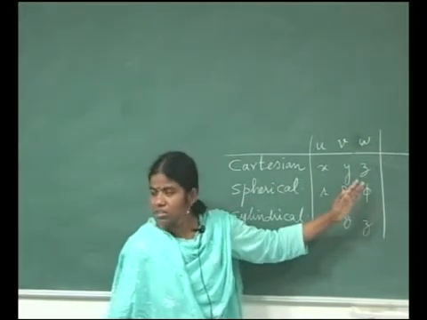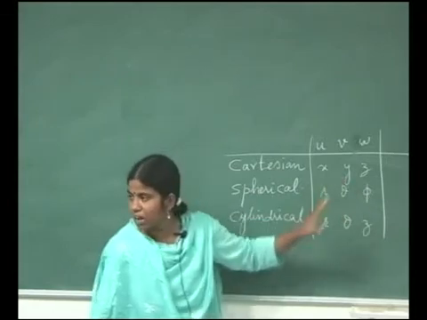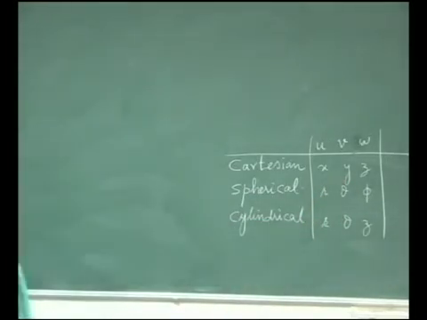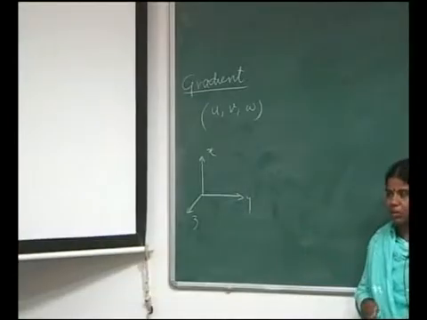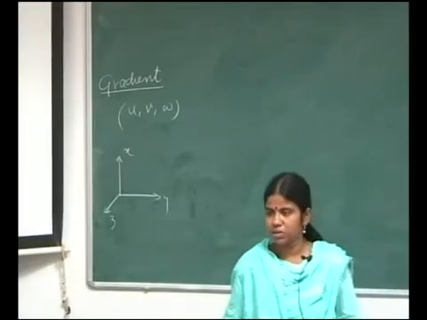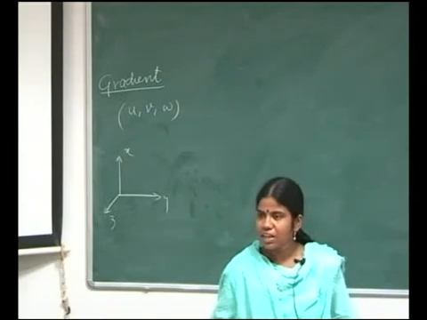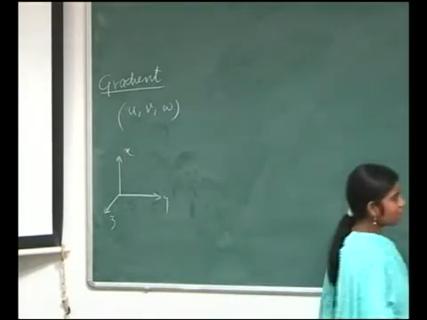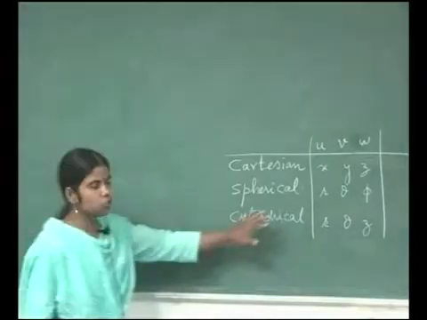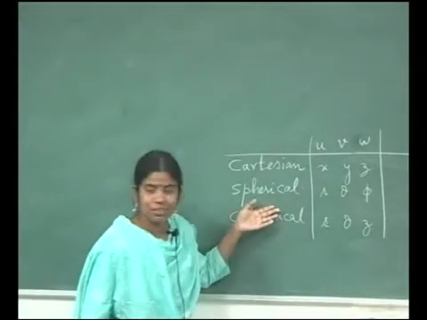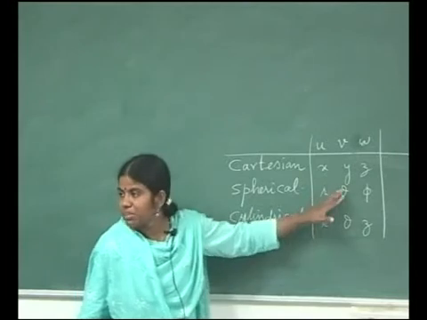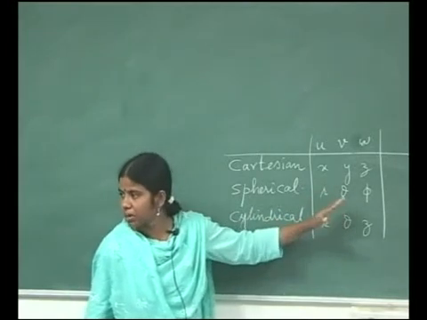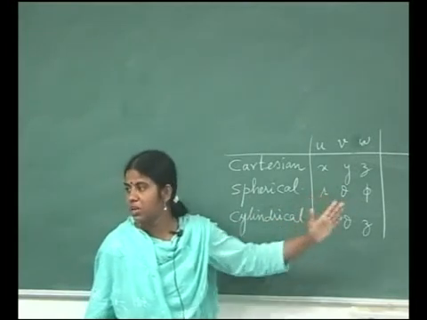This should always be clear whenever we consider a small displacement vector, because gradient, curl and divergence are mostly calculated by taking small displacements. You always differentiate, that is, you give a small displacement to your coordinates. So whenever we take a displacement vector, we should be clear which system we are in and represent the displacement vector appropriately, so that it is dimensionally balanced.